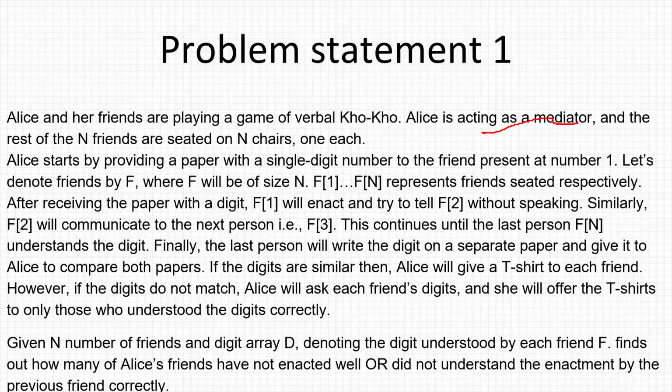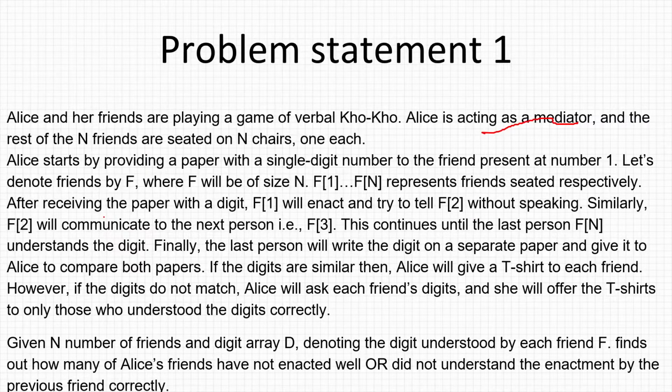Let's denote friends by F, an array of size n. So F of 1 till n represents the friends seated respectively, and after receiving the paper with a digit, F of 1 will enact and try to tell F of 2 without speaking.